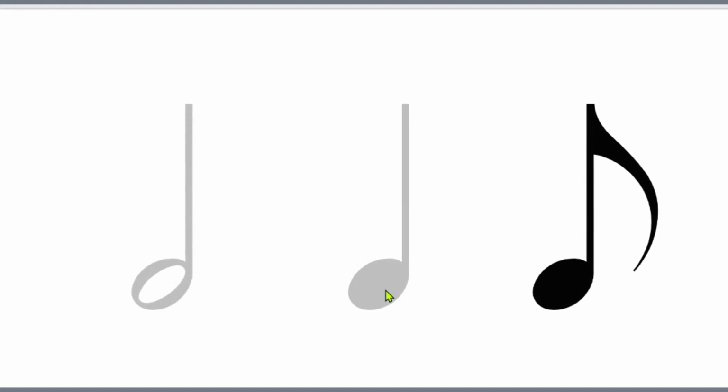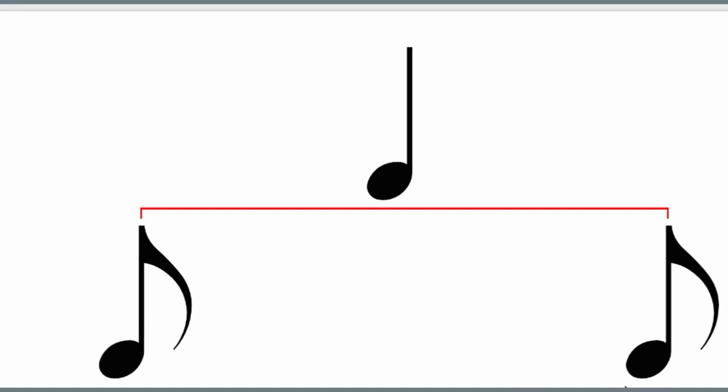So an eighth note has one flag. Therefore, two eighth notes occupy the same amount of time as one quarter note. Two eighths equal a quarter. Two quarters equal a half. Two halves equal a whole. Follow that? All right, I just went over that: two eighths equal a quarter.